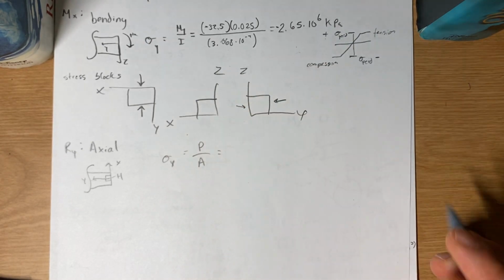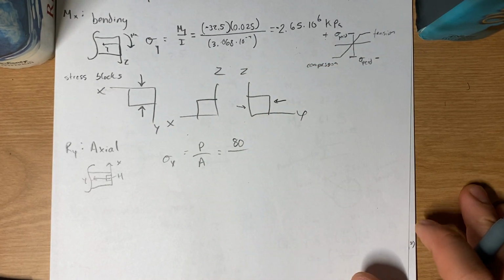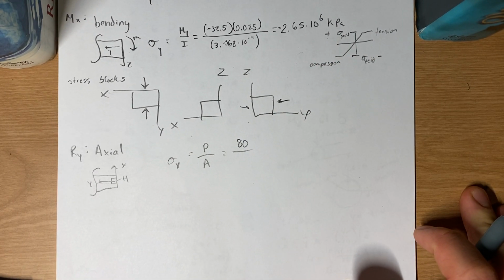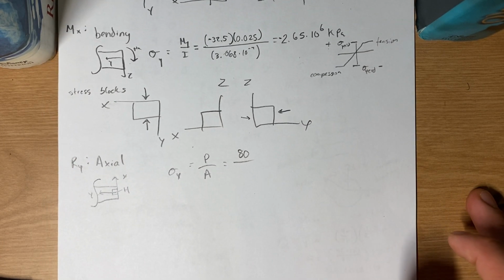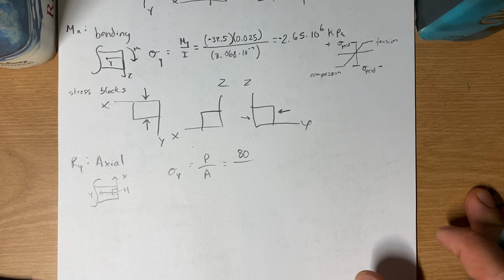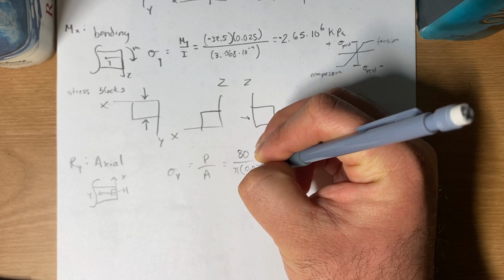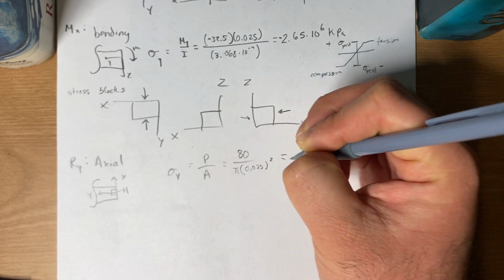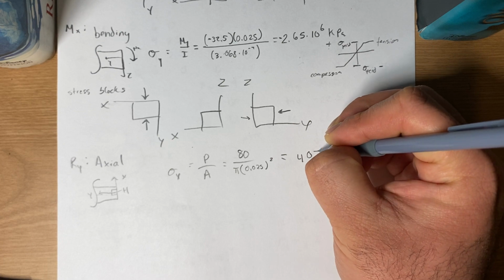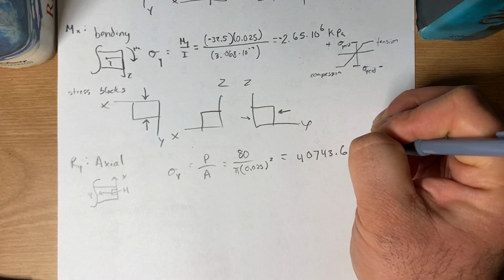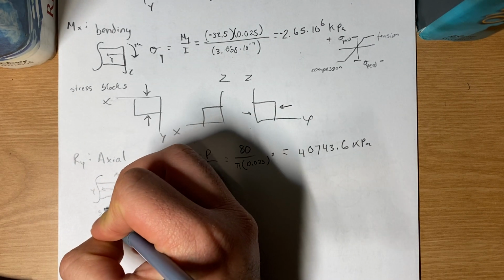If I plug in my values, it is 80 for my RY, and for my area, I just put pi r squared, which is 0.025 squared. This leaves me with 40,743.6 kilopascals.